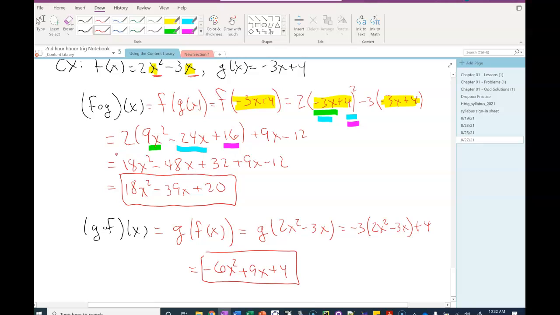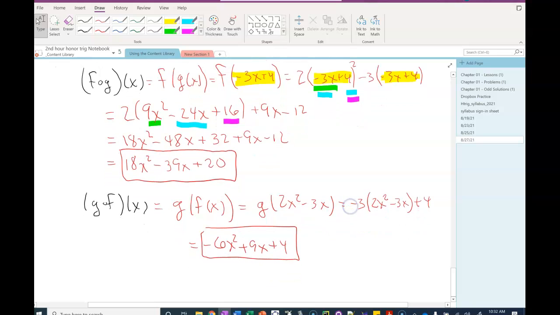What observation can you make about composition after doing these two examples? In general, composition is not commutative, right? F compose g is not the same as g compose f.